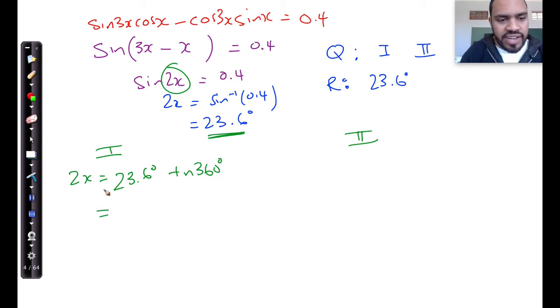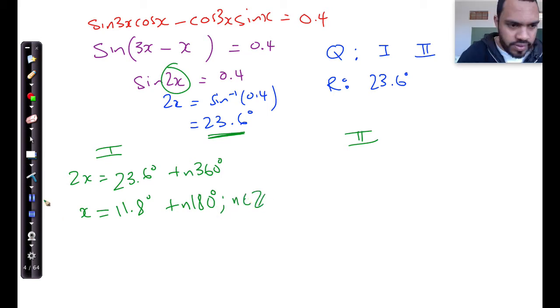And now I divide everything by 2, and that's going to give me 11.8 degrees, plus n times 180 degrees, such that n is an element of the integers. Okay, and so we've said n is an element of z.